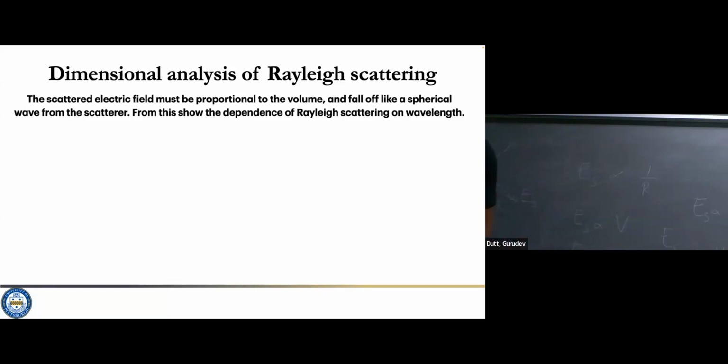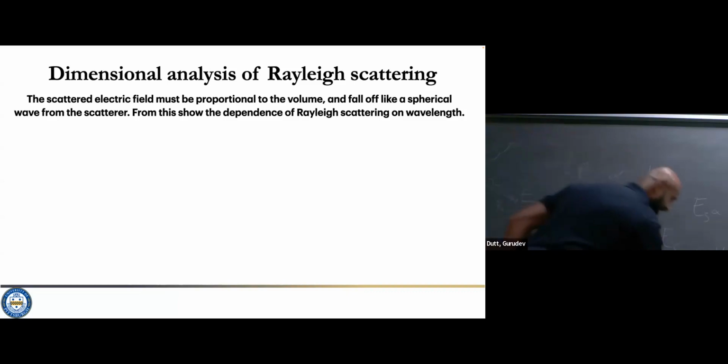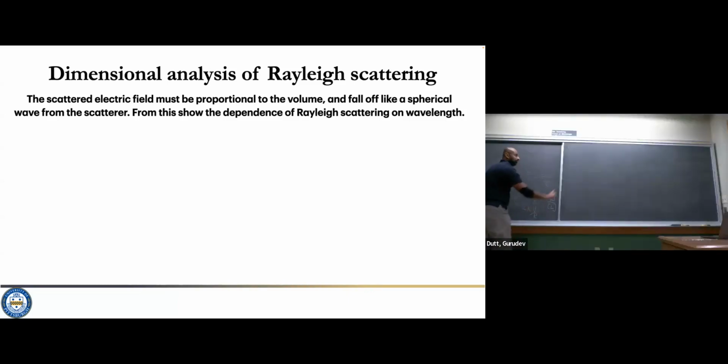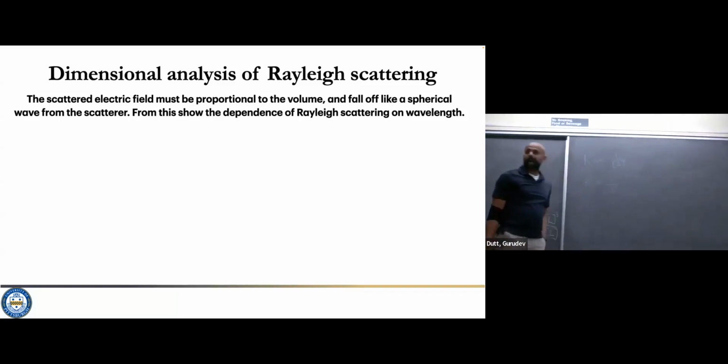Exactly. So if I write this as KV over R, K must be proportional to 1 over L squared. And there's only one other variable in the problem, which is the wavelength of light. So we argue that K must be proportional to 1 over lambda squared.